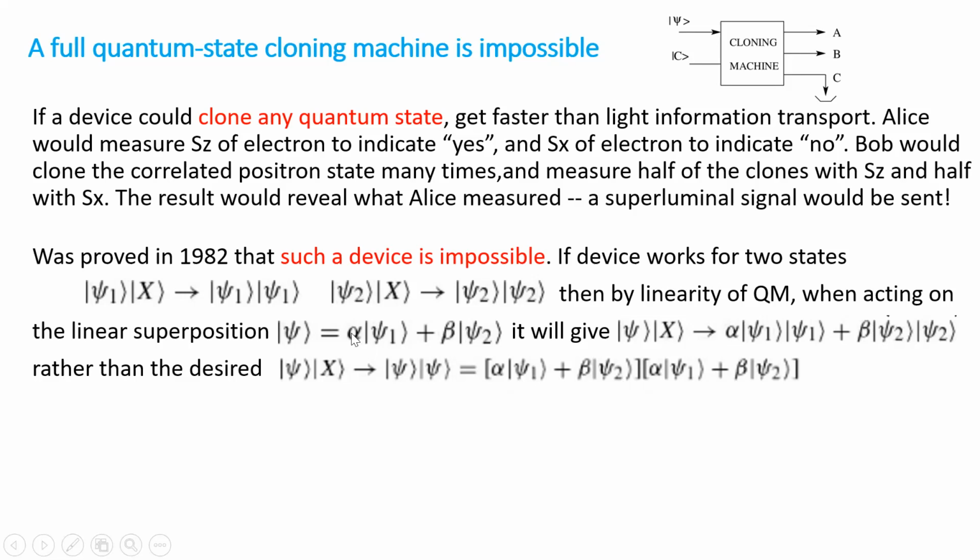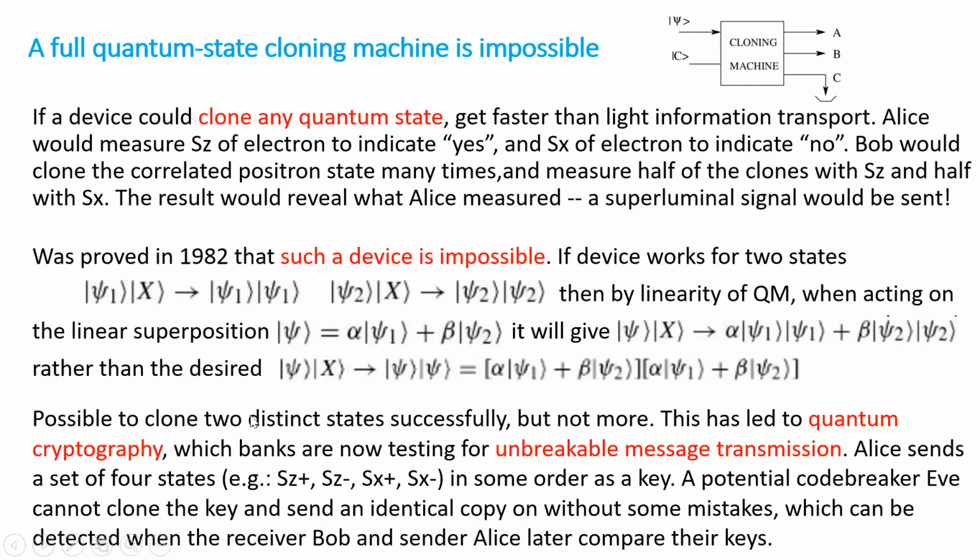That constitutes the basics of the proof that such a device is impossible. Now, it is possible to build a device that can clone 2 distinct states successfully, like spin up and spin down for an electron, or the horizontal and vertical polarizations for a photon, but not more because of this property of linearity.